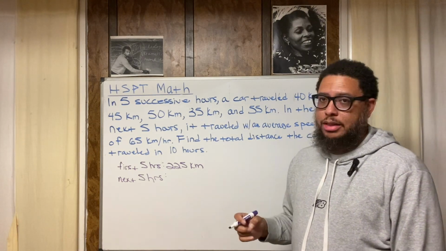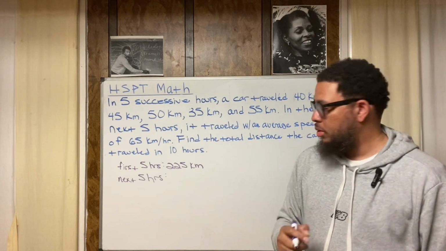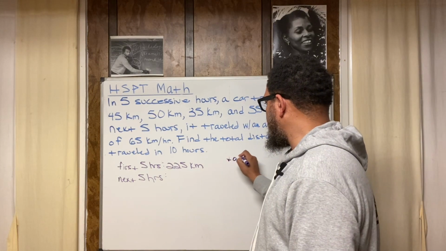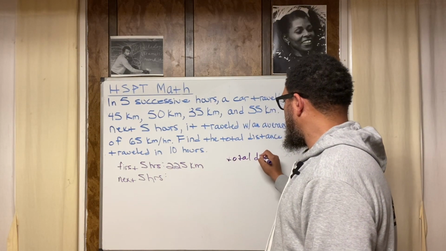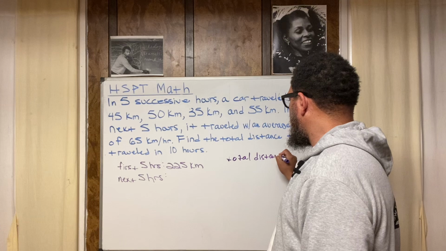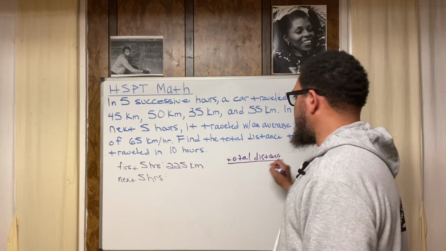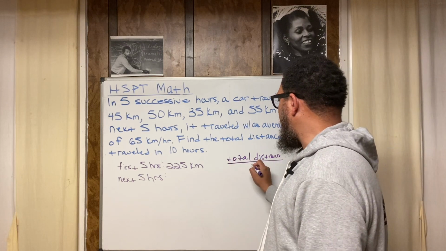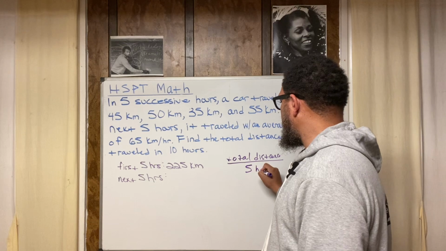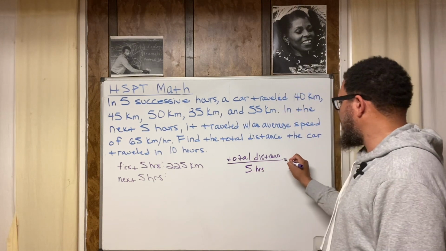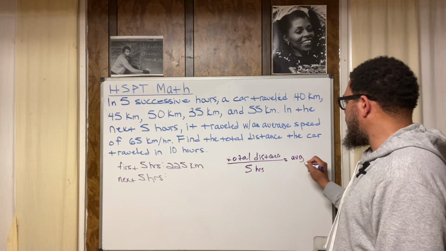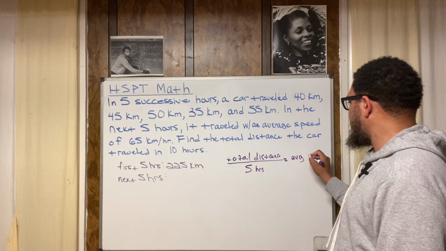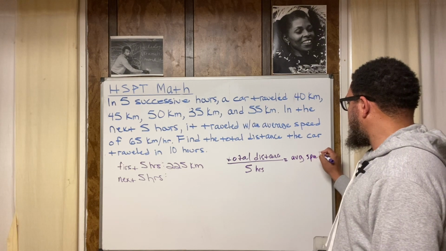We don't know the total amount of distance that was traveled, but we do know that if you take the total distance and divide it up into 5 equal parts, or 5 hours, that will give you the average speed, right?